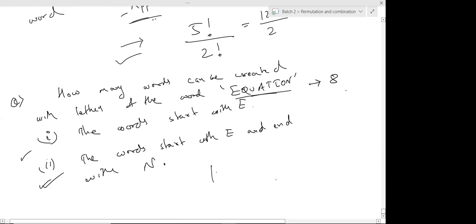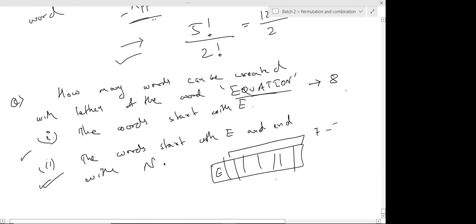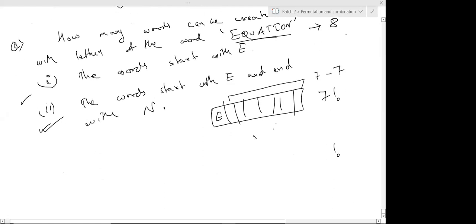In the first part, it says the word should start with E. So let's fix E here. So in remaining spaces, we have to fill 7 letters in 7 spaces. So the answer is 7 factorial. Alright, 7 spaces, 7 letters, 7 factorial.